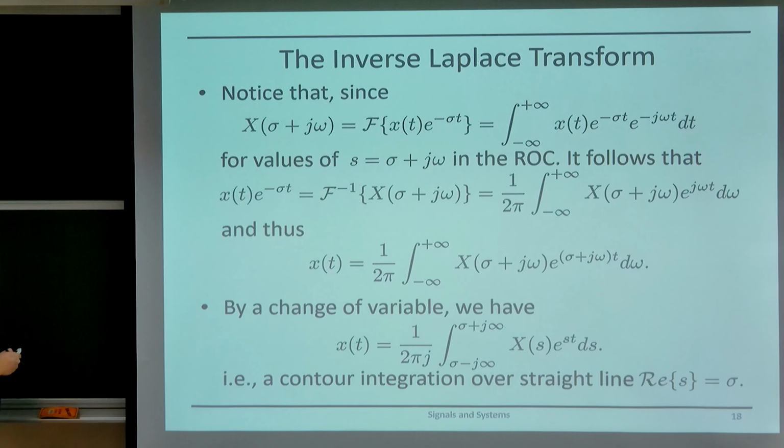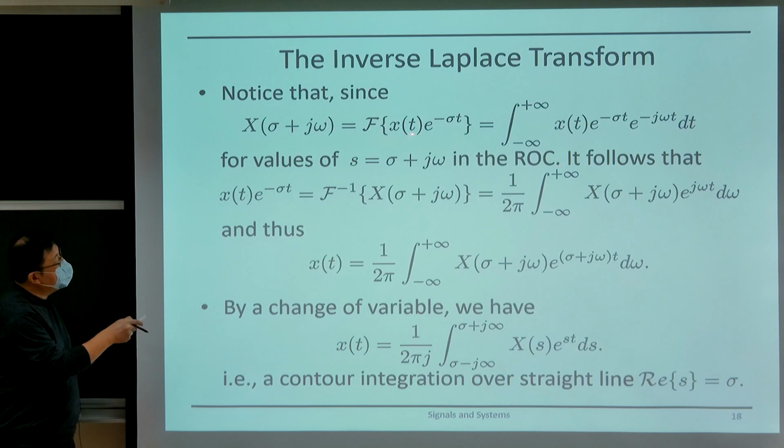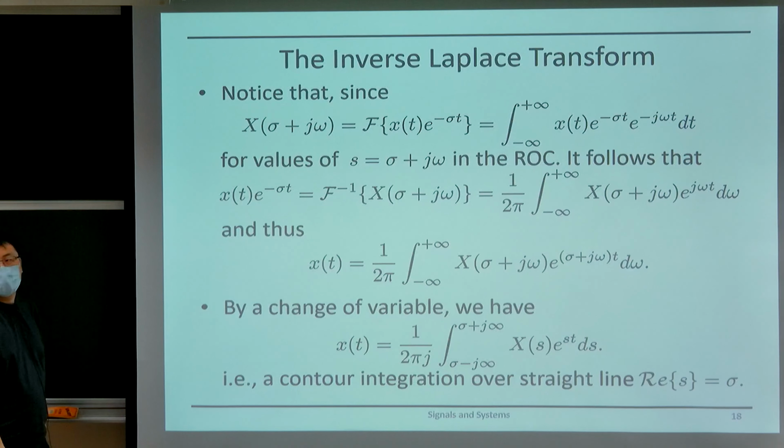So if we understand this, then how do we take the inverse Laplace transform? If this is the Fourier transform of this, then we can get back x of t times e to the minus sigma t by taking the inverse Fourier transform of this.